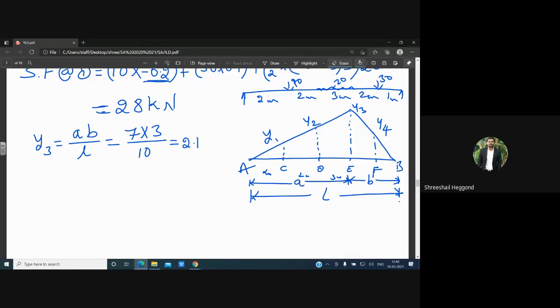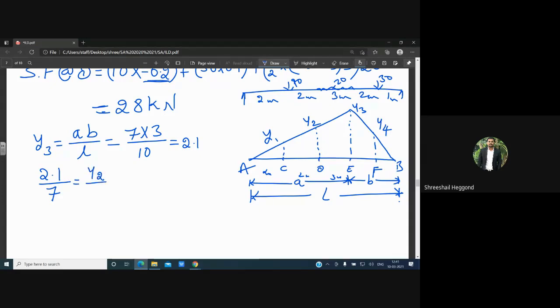If you know one ordinate, the remaining ordinates we can easily calculate by using the similar triangle property. Y3 is known, that is 2.1. 2.1 divided by the base of the triangle, 2 plus 2 plus 3, that is 7, is equal to Y2, the unknown value that we need to calculate.